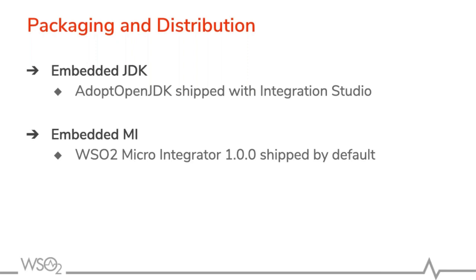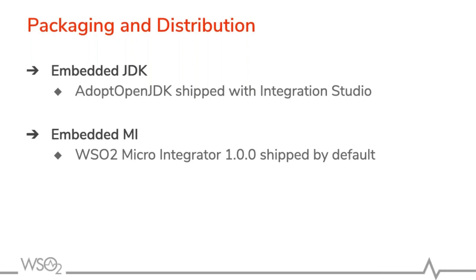But with the introduction of the Integration Studio, we have embedded AdoptOpenJDK so that you don't have to configure the Integration Studio, and you can just start with your workflow right ahead.